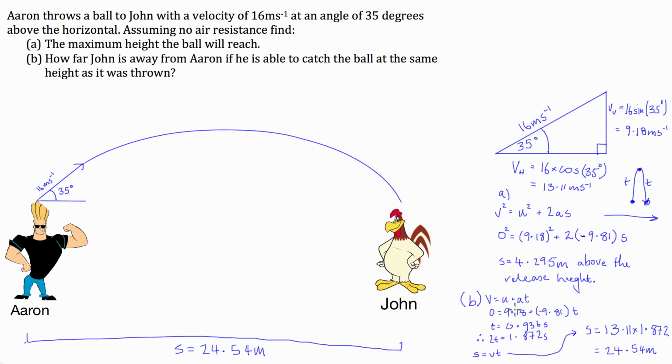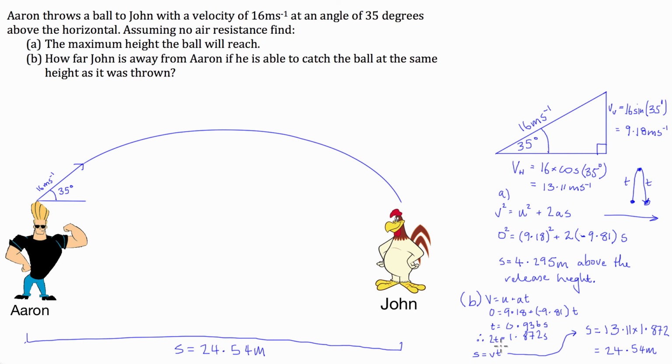And then in B, we were able to calculate the time using the same sort of situation, that the final velocity at the maximum height is 0, and the initial velocity we calculated using trigonometry, and the acceleration due to gravity. We used the fact that the motion is symmetrical to find the total time, which is just 2 times the time from the release height to the maximum height.